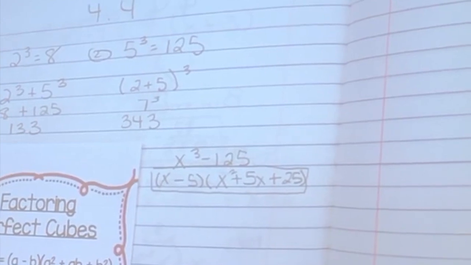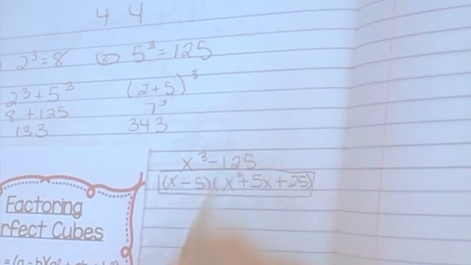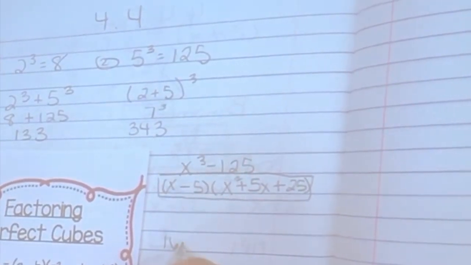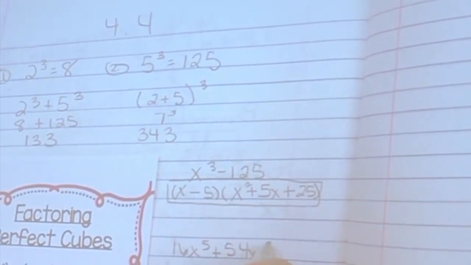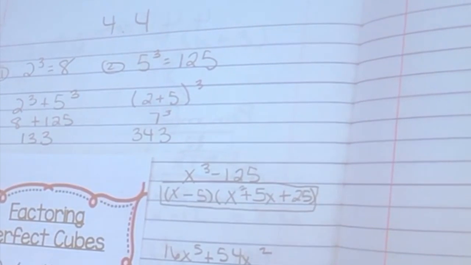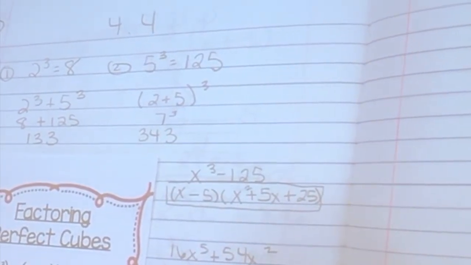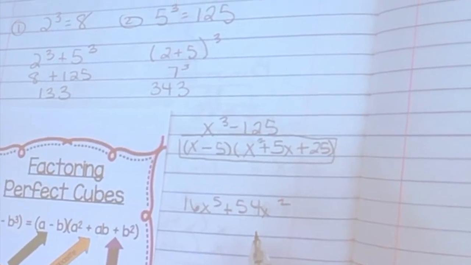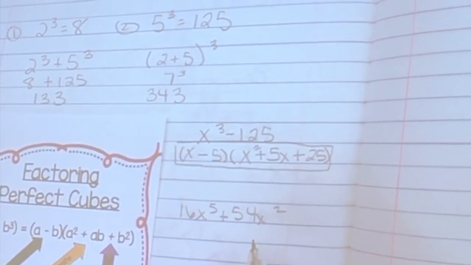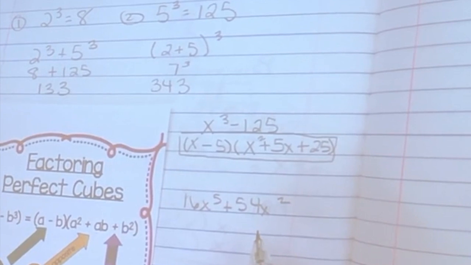Okay, here's another one. 16x to the 5th plus 54x squared. If you remember from the review video, what's the very, very first step in factoring? Factor out the greatest common factor. Good.